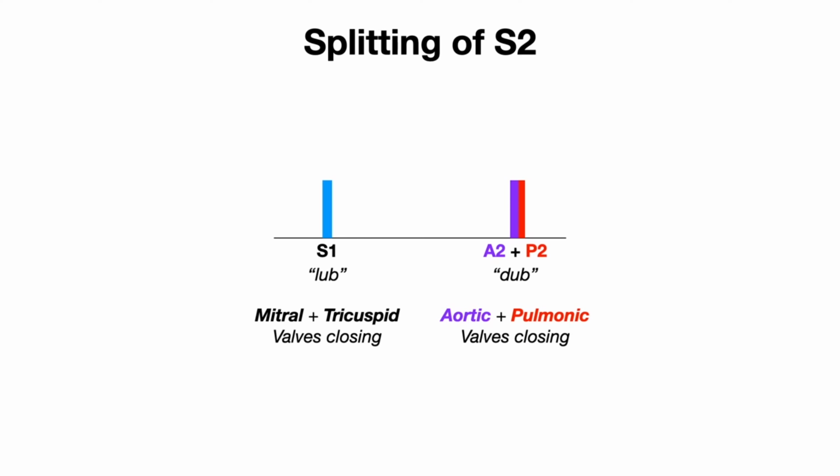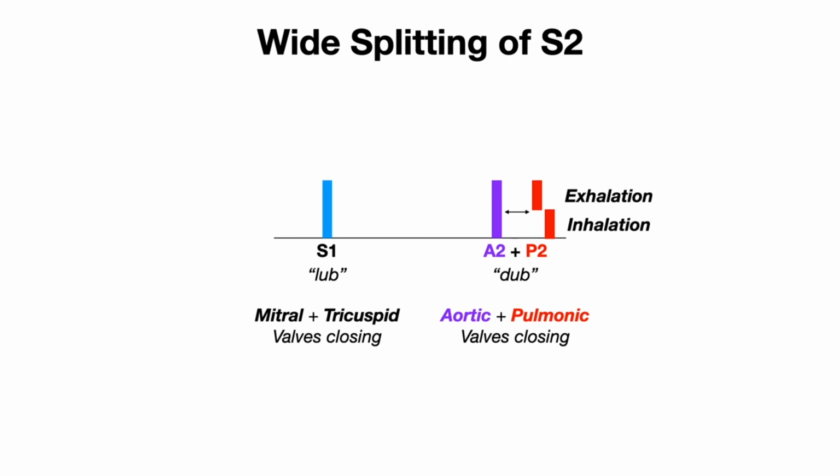Now I'm going to explain all the physiology here and what's happening, but let's start by talking about wide splitting of S2. So when you get splitting, A2 and P2 will separate. And then depending on, again, whether you're breathing in or out, those individual lines will separate more.